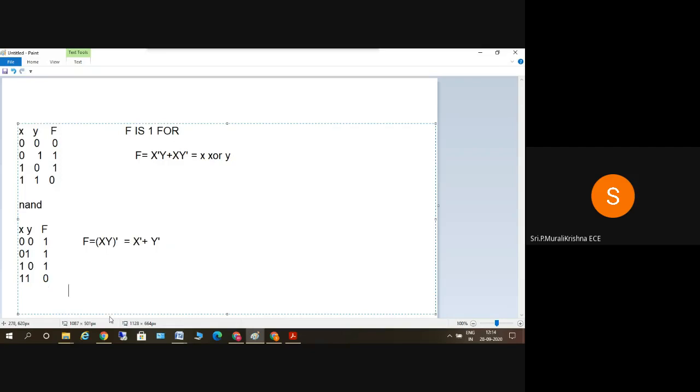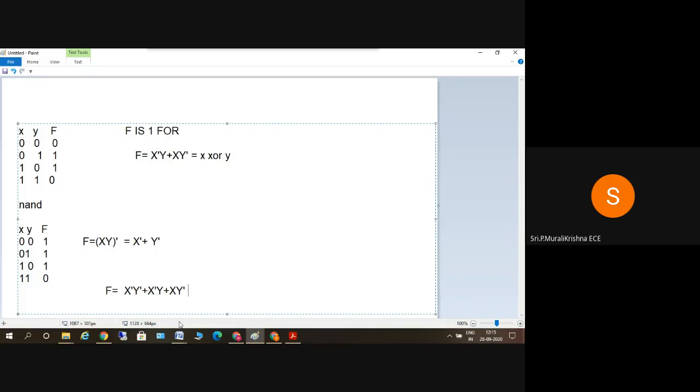So F is equal to, because I'm taking the ones here, X bar Y bar plus X bar Y plus X Y bar.